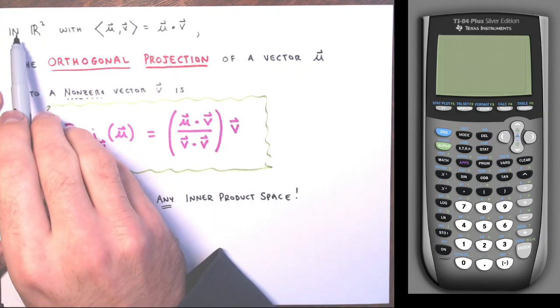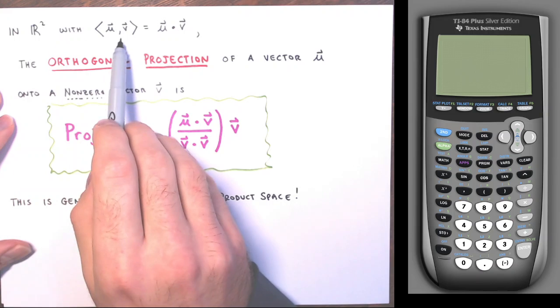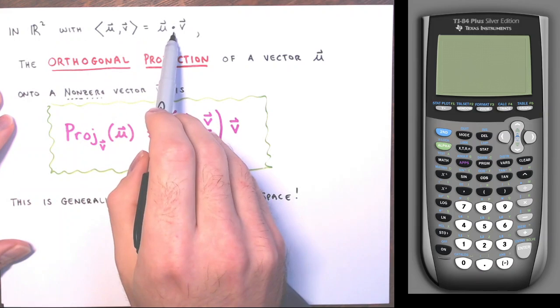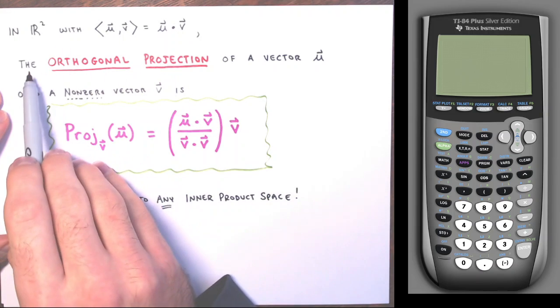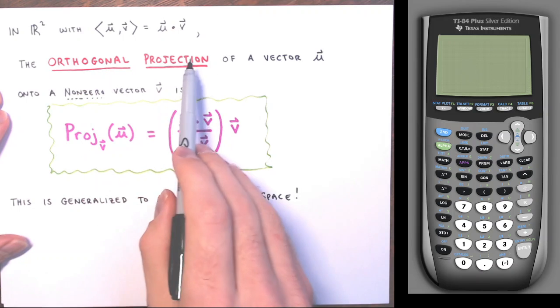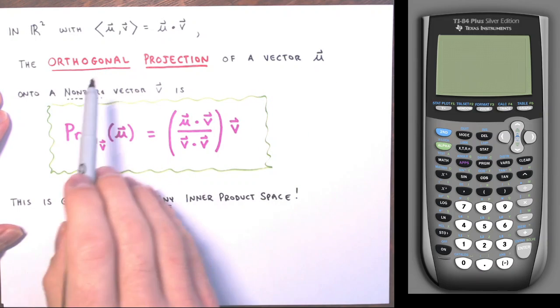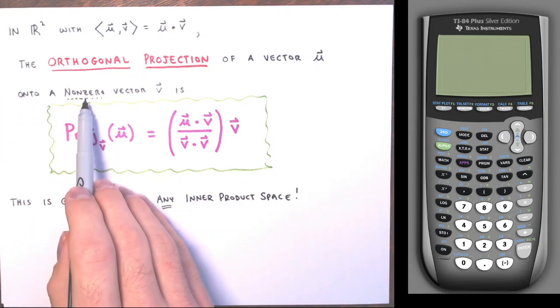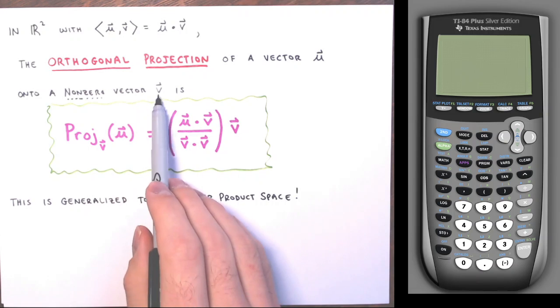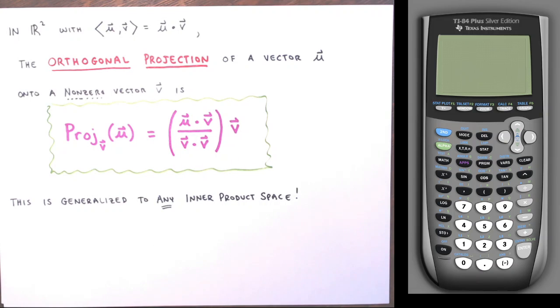So in R2, with the inner product being the dot product, the orthogonal projection of a vector u onto a non-zero vector v, because if v were the zero vector, we'd be dividing by 0 in this. Don't want that.